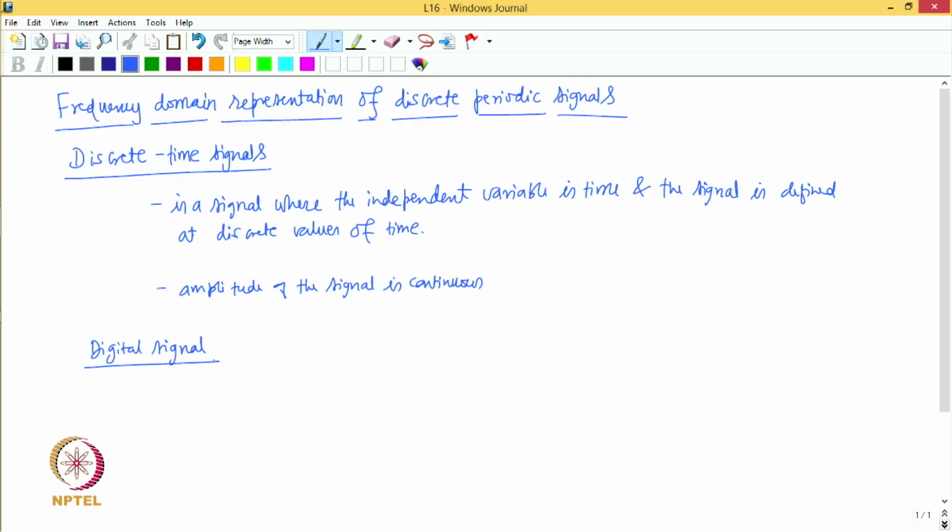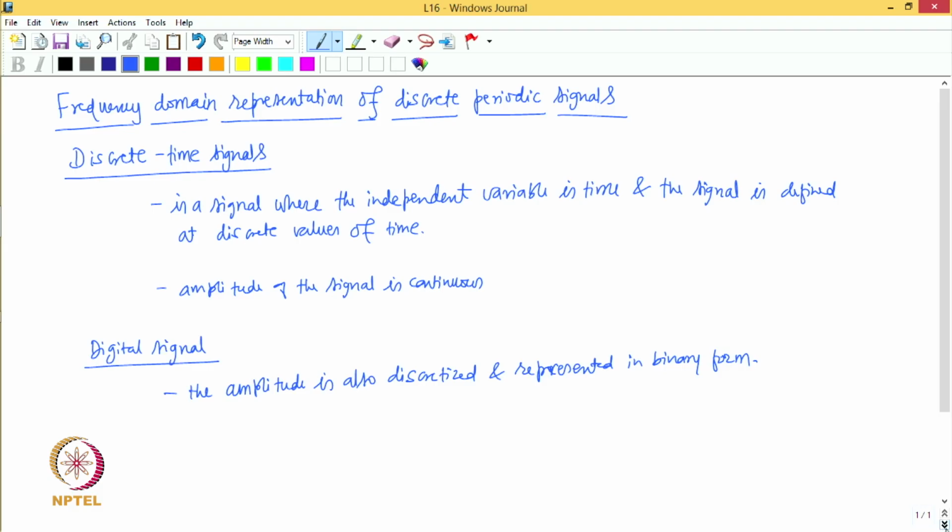So, in a digital signal the amplitude is also discretized and represented in binary form.